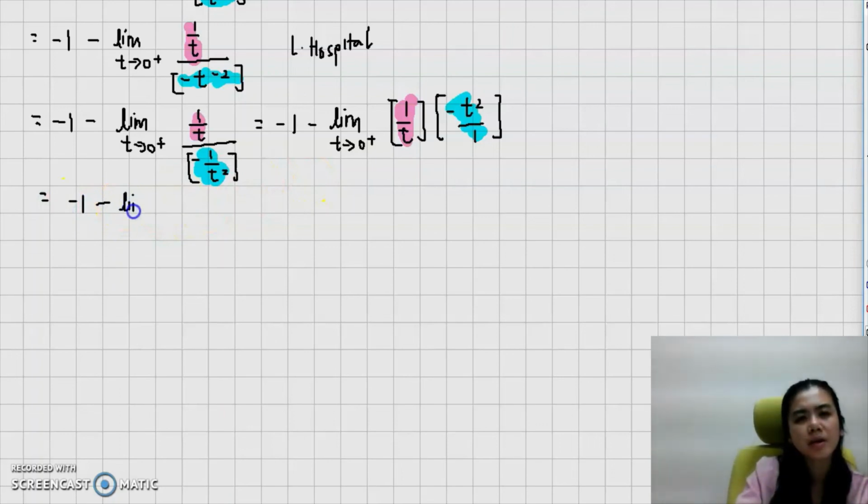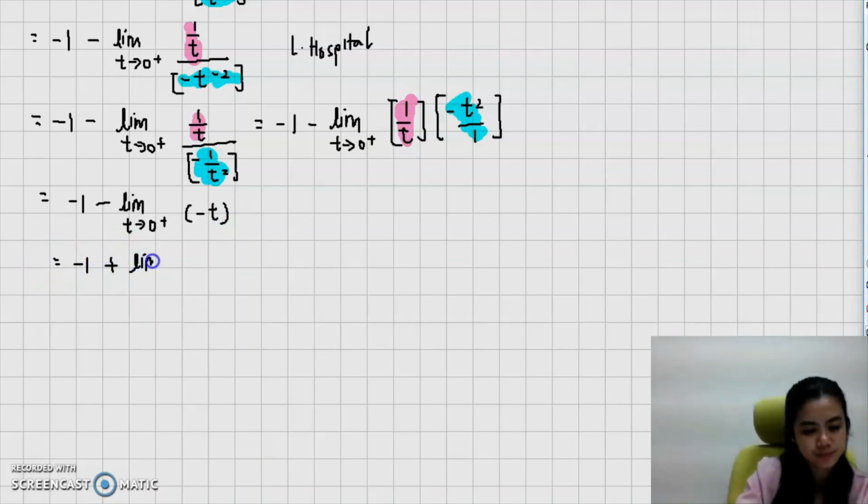Just copy back the limit one more time, and you can cancel out the remaining minus t here. So minus t gives you a positive. We have a minus minus here, that's why we have a positive here.